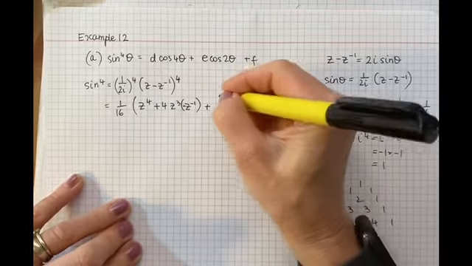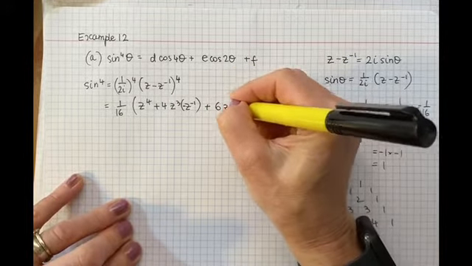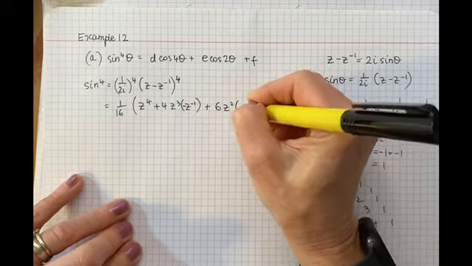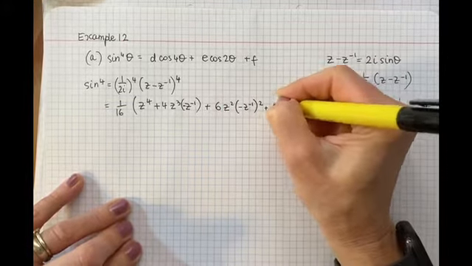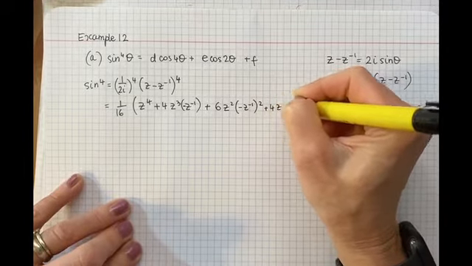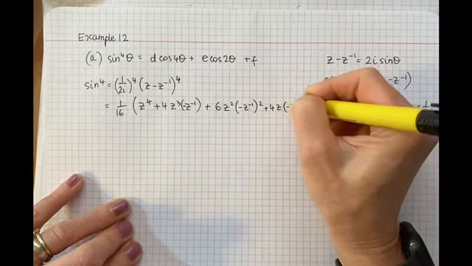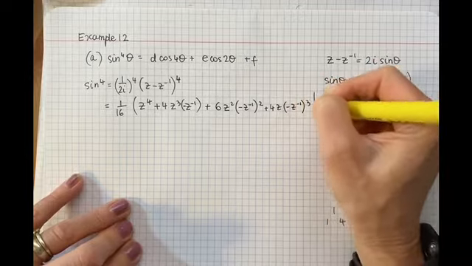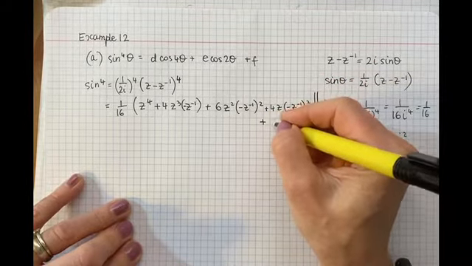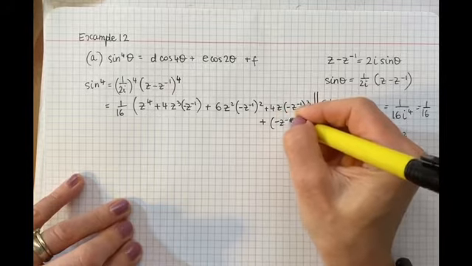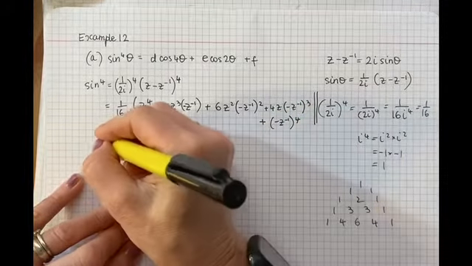Then we're going to have 6 z squared and minus z to the power minus 1 squared. And we're going to have 4 z minus z to the power minus 1 cubed. Run out of space here, let's just put it down here. Plus minus z to the power minus 1 to the power of 4.